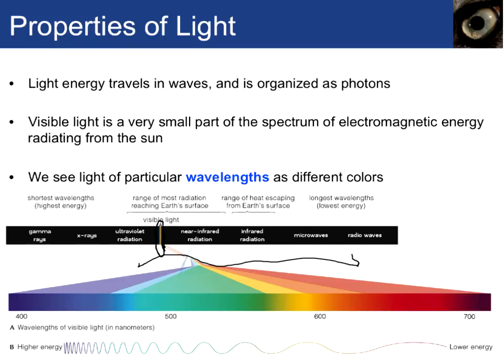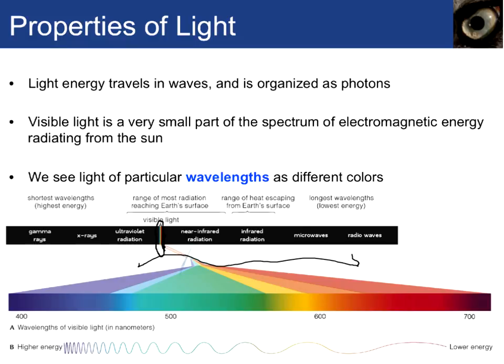The wavelengths of visible light fall mostly between 400 and 700 nanometers. Other forms of electromagnetic radiation such as X-rays, ultraviolet radiation, radio waves, and microwaves have shorter or longer wavelengths than the visible light spectrum.